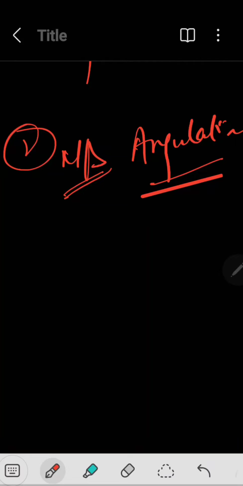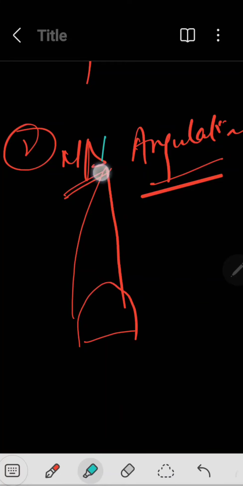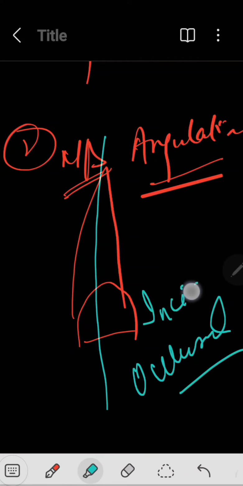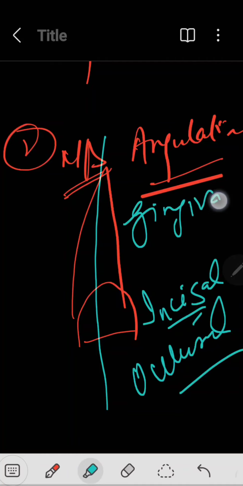Supposedly this is the crown, and if we pass a line through the long axis of the crown, this is the occlusal surface, the occlusal area side, and this I have made an incisor, so you can say incisal surface. This is the gingival surface of the tooth.